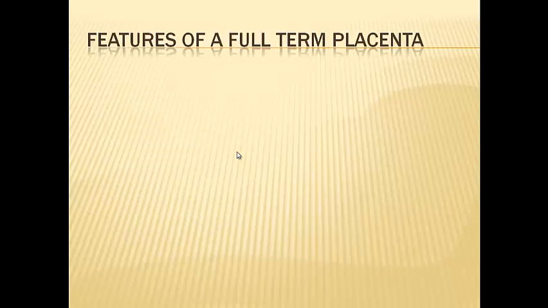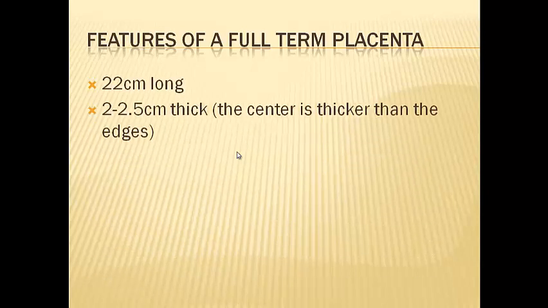So, a full-term placenta obviously has to have a specific structure or certain features. And remember, a placenta is fully formed by the end of the 16th week or the 4th month. It is usually 22 centimeters long, 2 to 2.5 centimeters thick, and usually the central part of the placenta is thicker than the edges, so the edges are usually really thin.